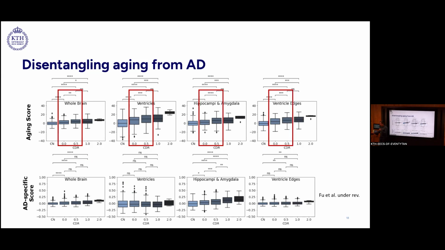And the other one is related to the red arrow that I was mentioning before. What we found is that here CN means healthy, and this axis is the progression of AD, let's say. So the higher the CDR, the more disease the person has.